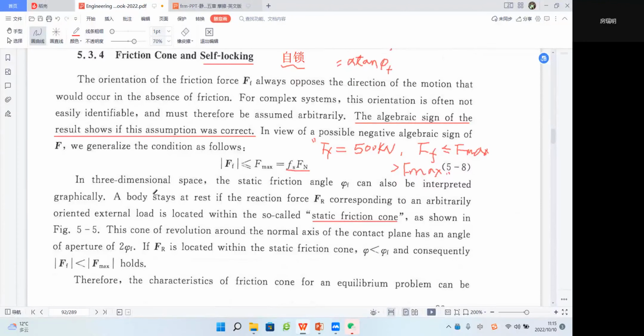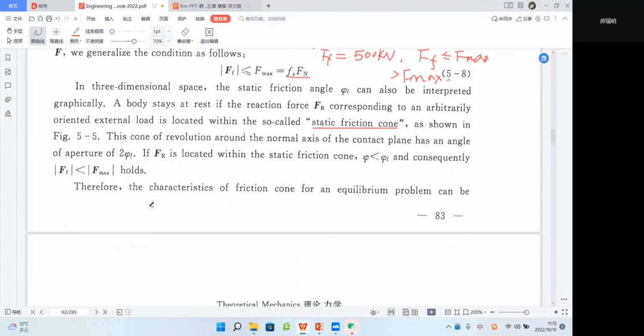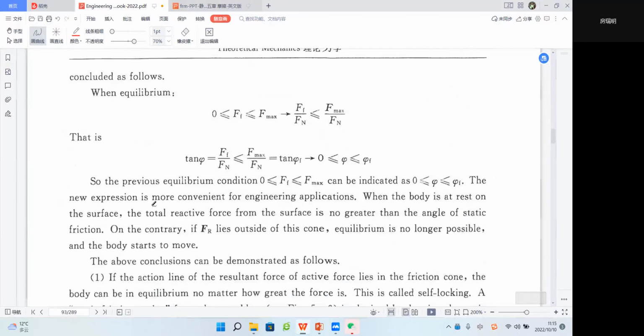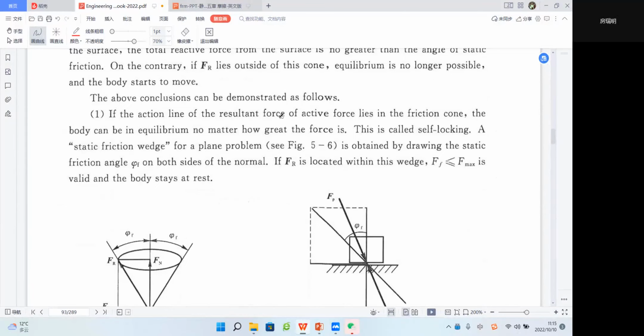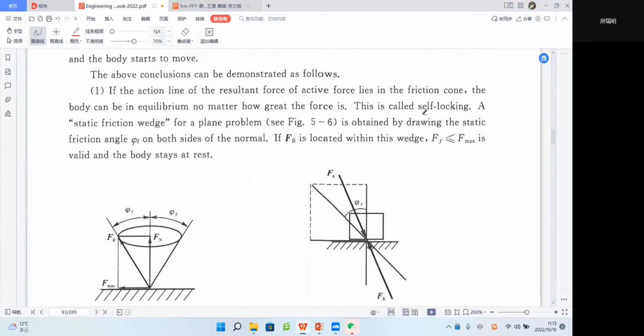And it tells us that in three-dimensional space, the static friction angle phi can also be interpreted graphically. So maybe I can just use this figure to show you guys what so-called self-locking is. It's too hard to read the whole sentence.